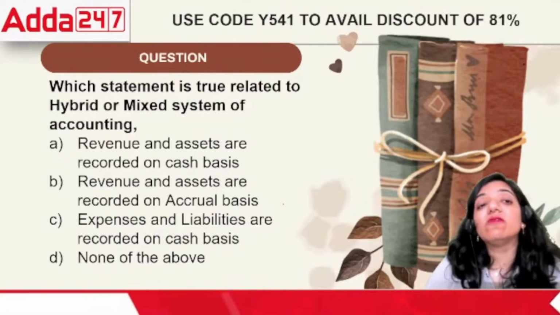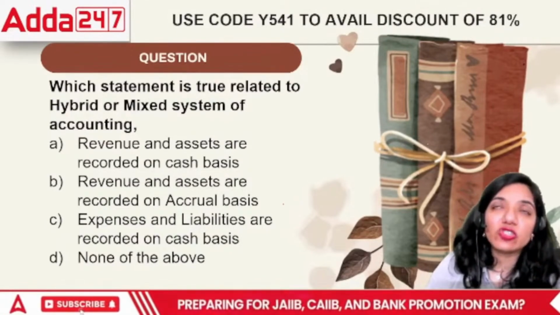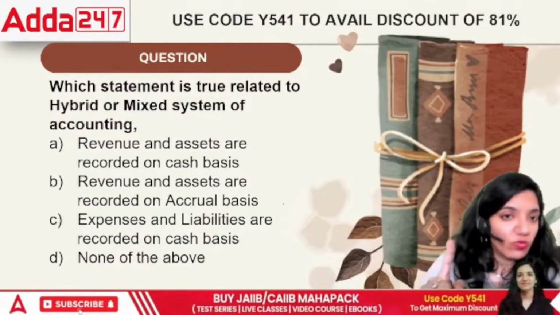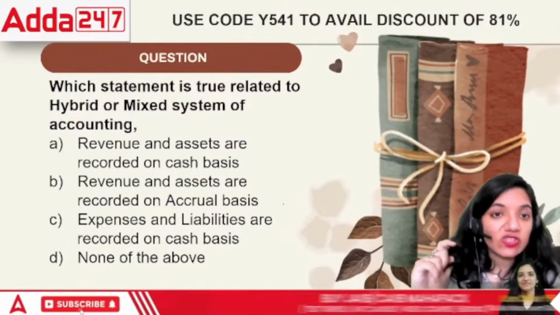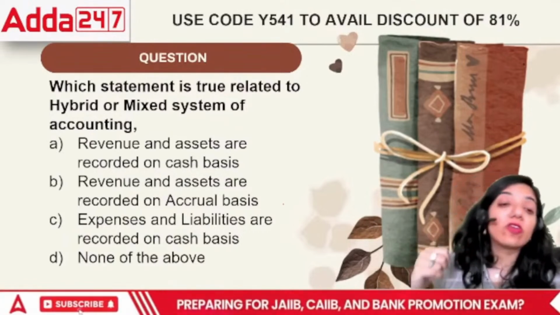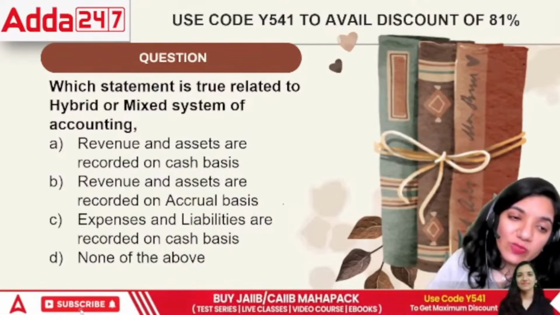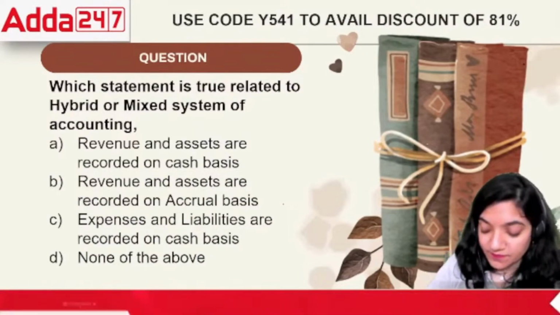Hybrid or mixed is basically the method which uses both accrual as well as the cash basis. So revenue and assets are recorded on cash basis, revenue and assets are recorded on accrual basis, and expenses and liabilities are recorded on the cash basis, or none of the above.